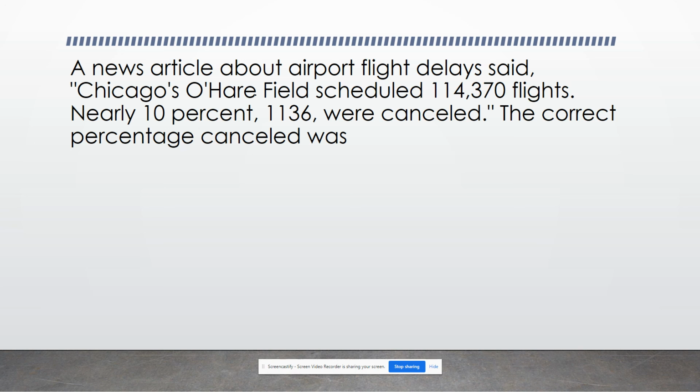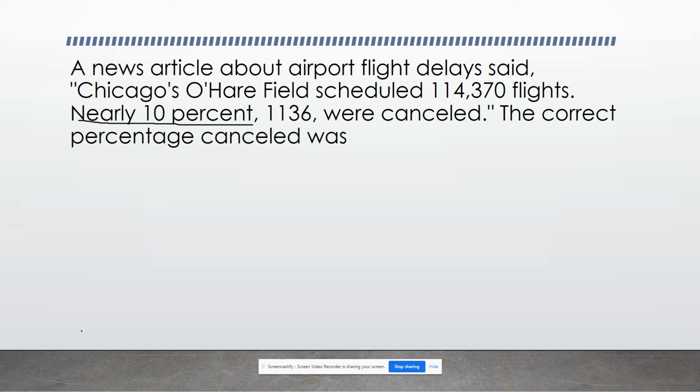Okay, an article about airport flight delays said, Chicago O'Hare's flight scheduled 114,370 flights, and nearly 10%, 1,136 were canceled. The correct percentage canceled was, okay, so it says that it's 10%.